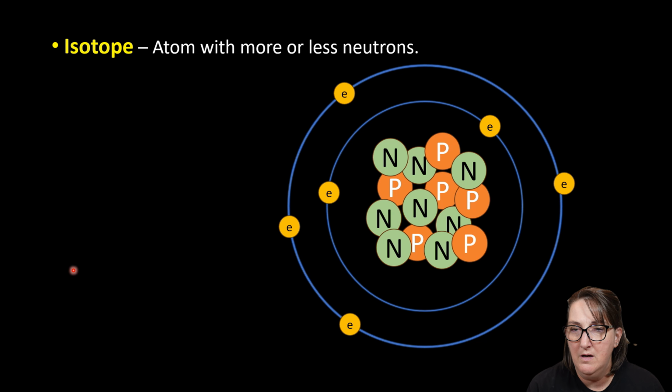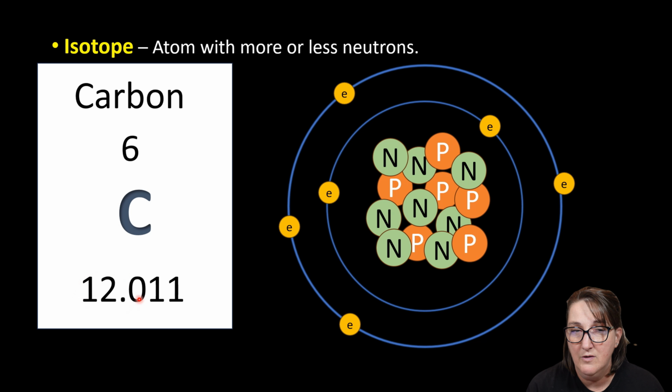So I look at carbon, and carbon should have 12 particles in the center. So I'm going to count real quick how many I got. I've got 6. Okay, 7, 8, 9, 10, 11, 12, 13, 14. So I don't have an atomic mass of 12. I have an atomic mass of 14. I have more neutrons than normal.